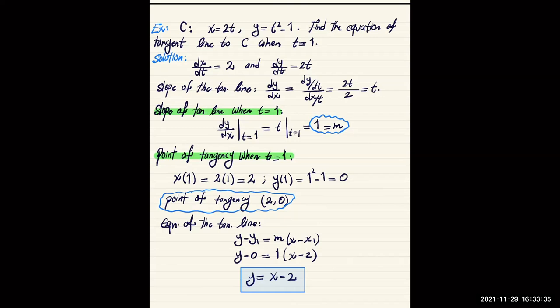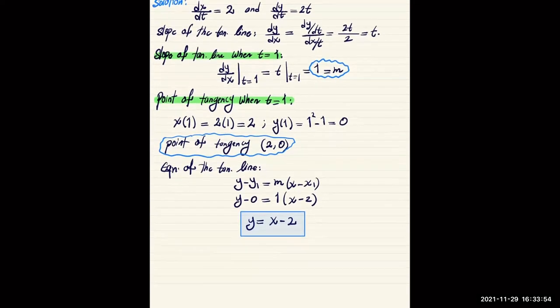I don't suggest you do that. Eliminating the parameter means you solve for t, so t would be x over 2. Plug that in, then take the derivative, find y prime, and go from there. Again, I don't suggest that because sometimes it's not easy to eliminate the parameter.